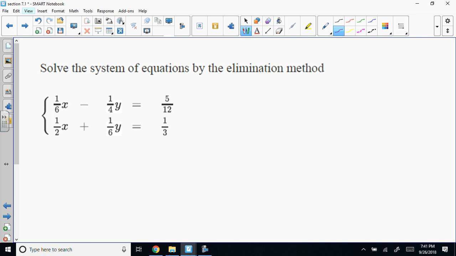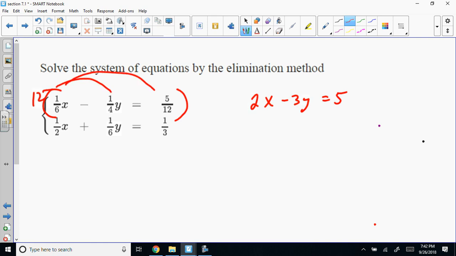And what I'm going to do is a process called clear my fractions. If you look at my first equation, I have 6, 4, and 12, right? 6 won't go into 4, 4 won't go into 6, but they all go into what? 12. So I'll multiply the top one by 12. So that will give me 2x minus 3y equals 5. So if I distribute that through, that's what it gives me, right?